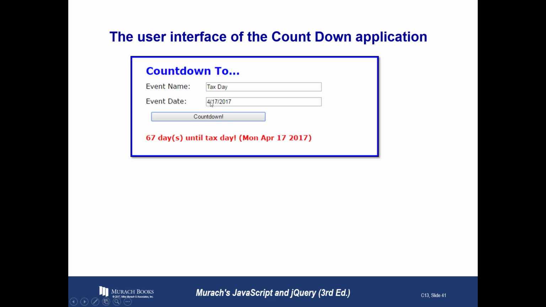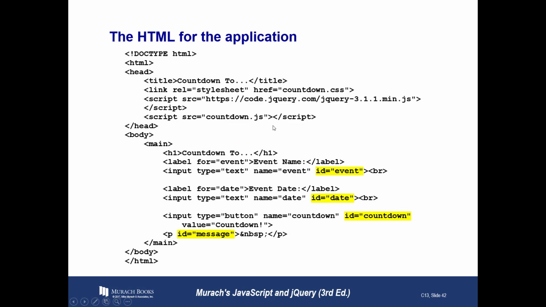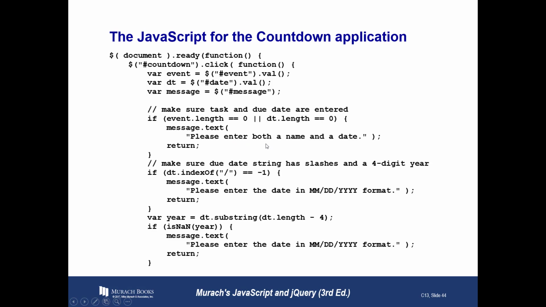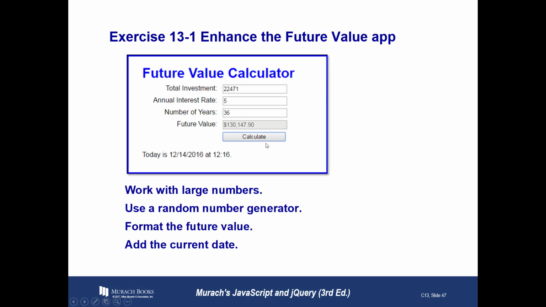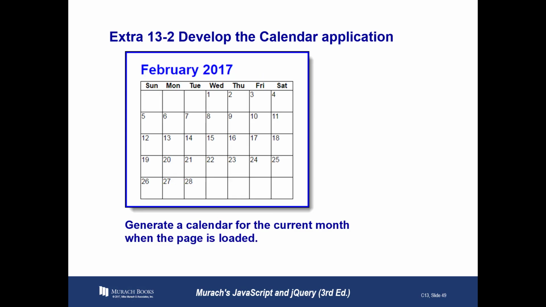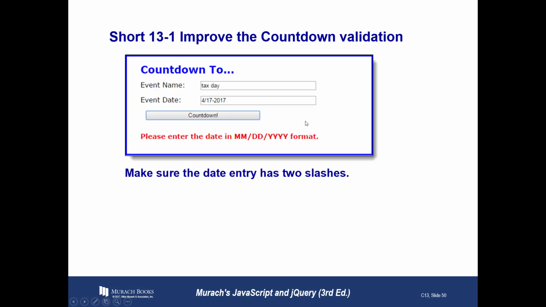Again, that's going to be, I think it's 4/15/2019. All right, they give you the HTML, the CSS, and the JavaScript for this. All right, they keep enhancing things in here, which is one of the things I like about the book. So we'll go over many, many, many of these examples that are here.